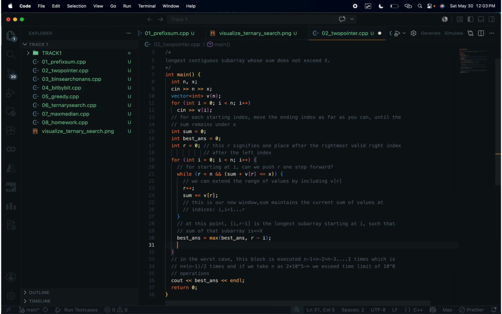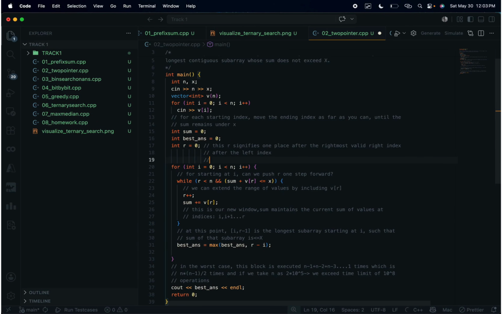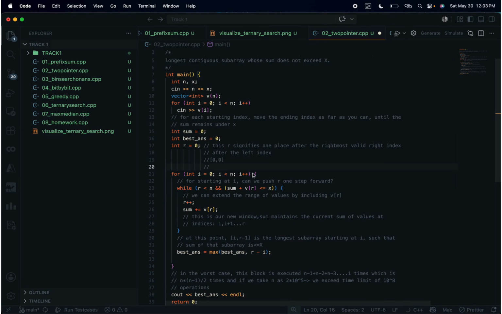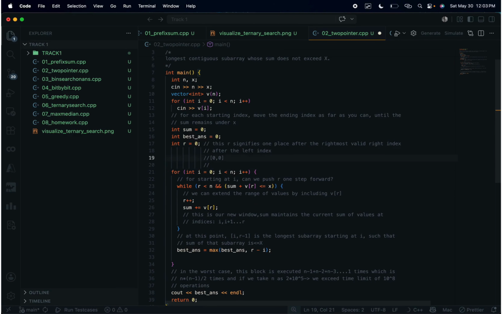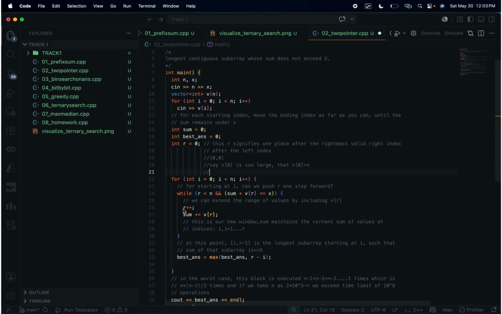Okay. So next what we must do is, what can possibly happen is that initially I and R are 0. In the next iteration, say V of 0 is so large that V of 0 itself is greater than X. Then in the first iteration, we cannot increment R, which means R stays 0 itself, and in the next iteration, we have I equal to 1 and R equal to 0.